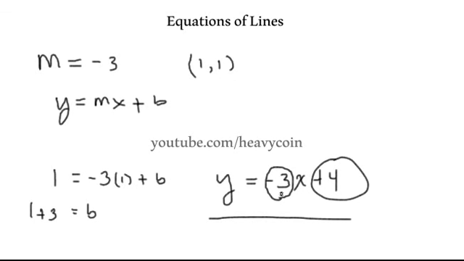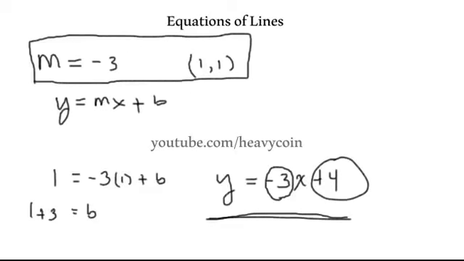We want to keep that in mind, because if we're given this and asked to graph it, we know that it crosses the y-axis at 4, and we can find the x-intercept by setting this equal to 0 and solving for x. But let's move on now. I think you get this idea.